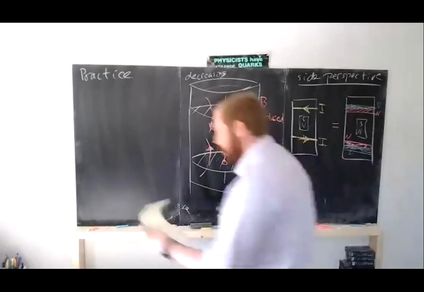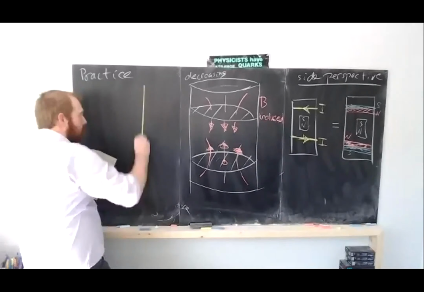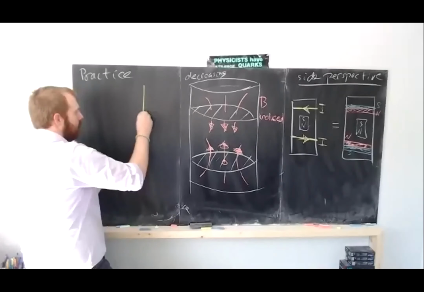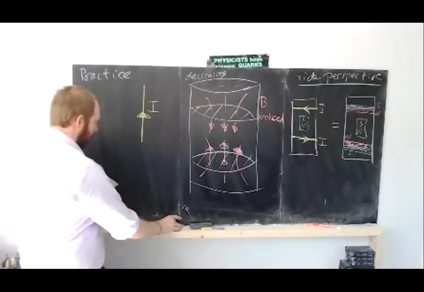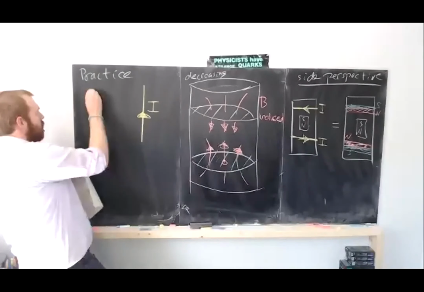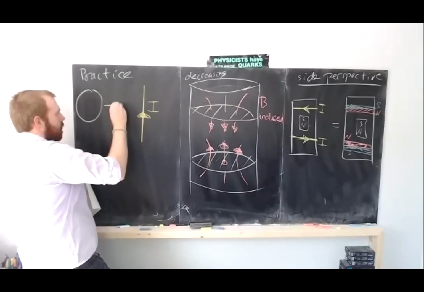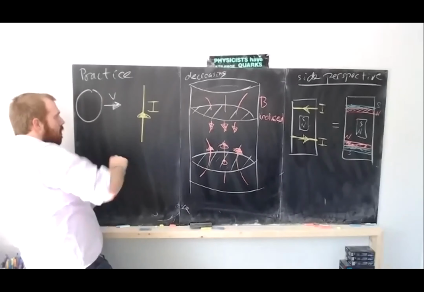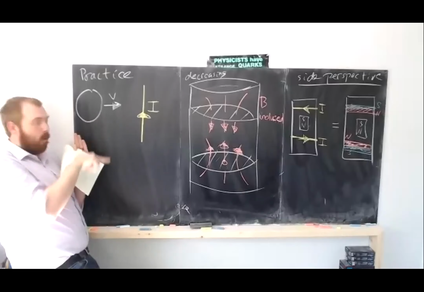All right. Let's try a practice problem. Let's say I have a loop of current. Here's my straight wire current. And I'm going to have a loop with some velocity. So I've got my loop, and it's flying towards the current wire.